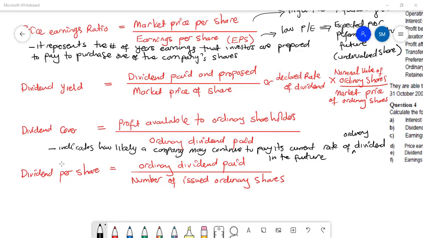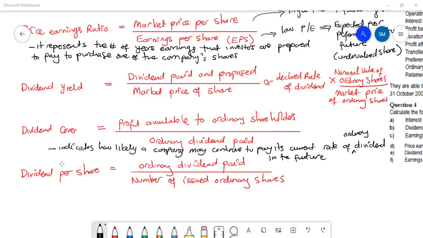So for dividend cover, a high figure is good because it suggests that the company should be able to maintain dividends to ordinary shareholders at the current level of profits, even if the profits fall. It can also indicate that the directors operate a conservative dividend policy, that much of the profits are actually being reinvested into the company and they're not being paid as dividends to ordinary shareholders.